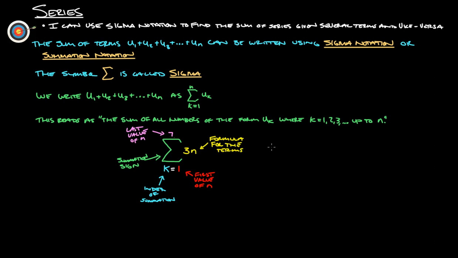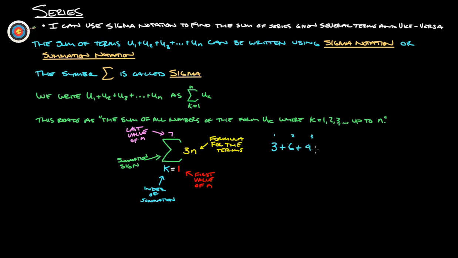Plug 1 in for n, and that's going to be 3, right? And then we're going to plug 2 in, and again, we're going to add these all together. So instead of putting a comma, I'm going to put plus. So then we put a 2 in. 3 times 2 is 6. That's the second term. So we do this first, second, third.